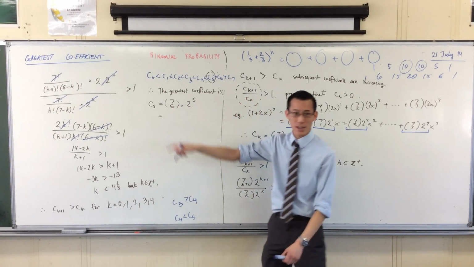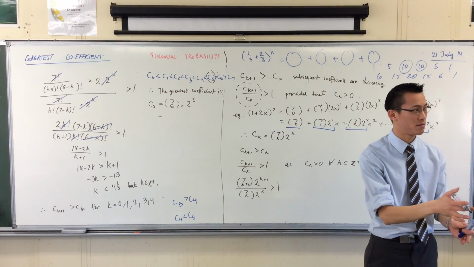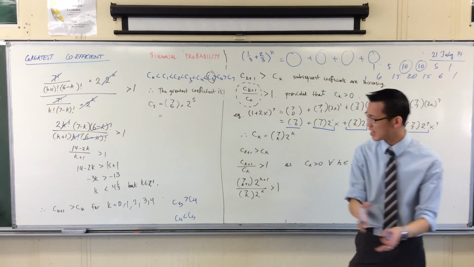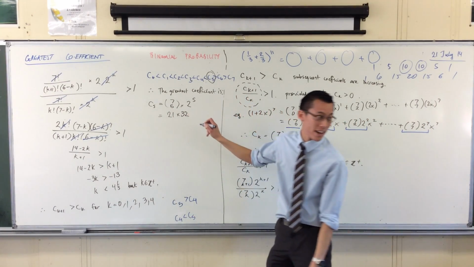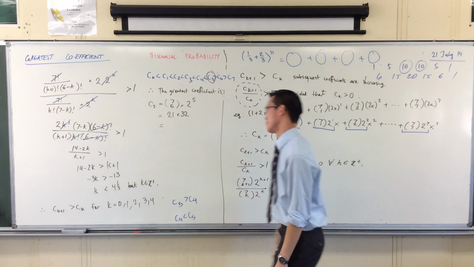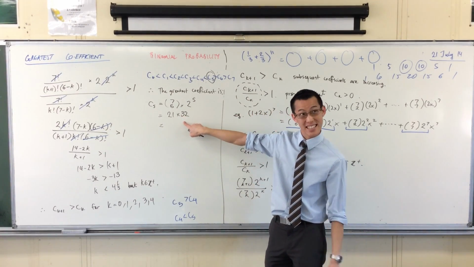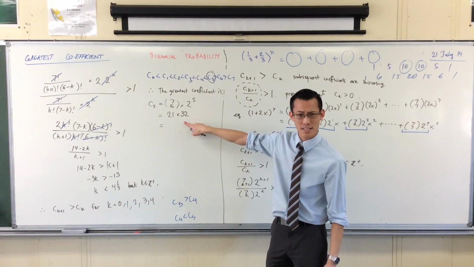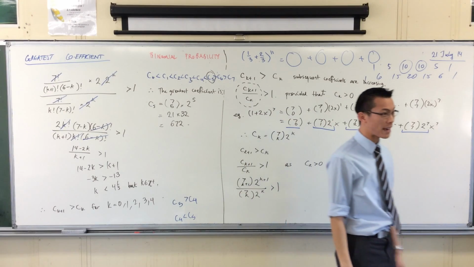Now from memory, that's 2 over, I think that'll be 1, 7, is it 21? I think it's 21. Yes. 21 times 32, yeah? 640, 672. Cool. Does that make sense?